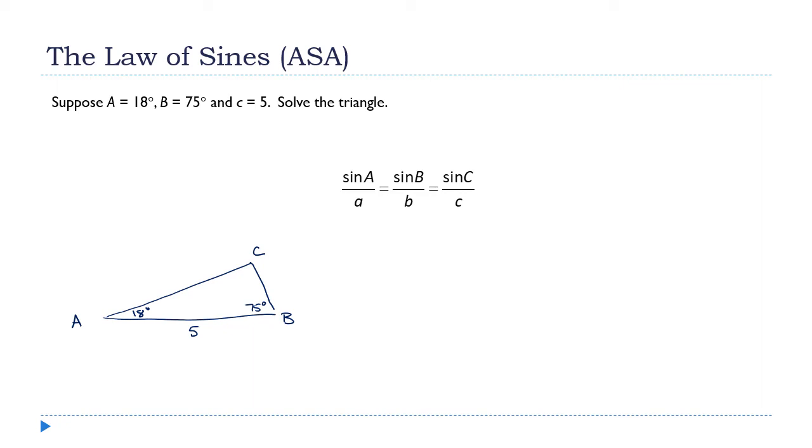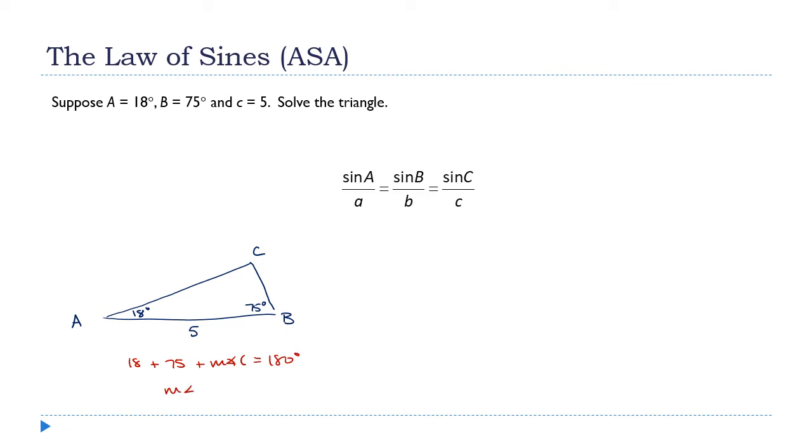Now, it's not looking good for my law of sines, but we can do this. Remember, I told you we have to know a side angle pair, and I wasn't given that, but I can find angle C just by using that 180 degree rule. 18 plus 75 plus the measure of angle C is 180 degrees.